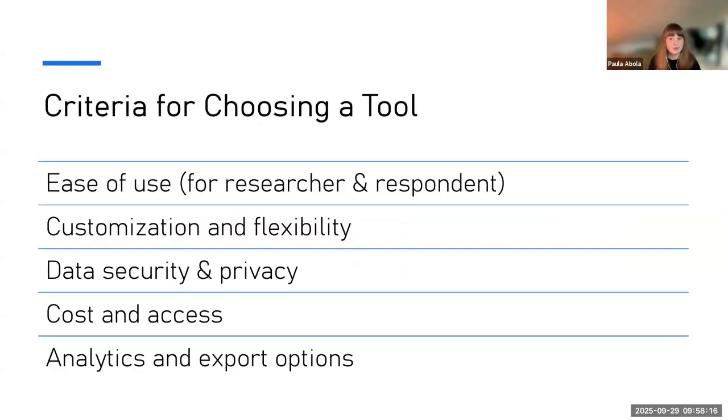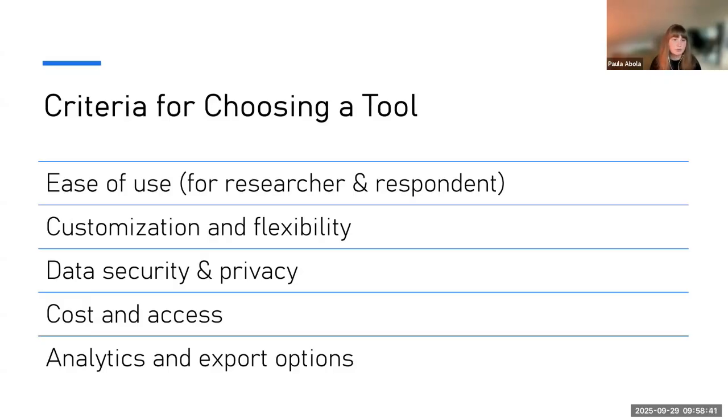Not all survey tools are created equal. When choosing a tool, you must think about the ease of use for both you and your participants. Customization is also important. Can you adapt the design, add any logic, or tailor any flows to your survey? Of course, data security is critical, especially for sensitive information and healthcare research.